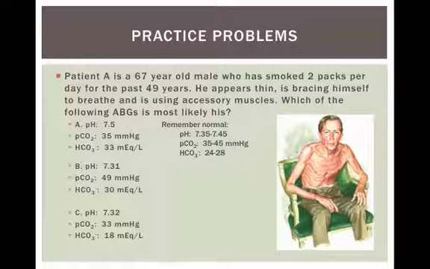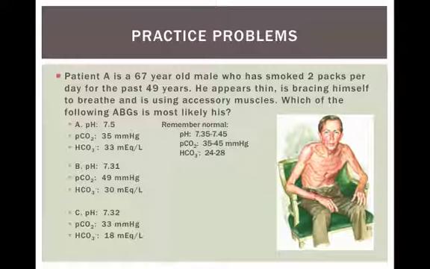So option A, the pH is 7.5. Well, that's too high. That's alkalosis, so I think option A is out. Options B and C are both acidotic, so I think it could be B or C. So we need to find the one that indicates that it's respiratory acidosis. So let's look at option B. His PCO2 is 49.